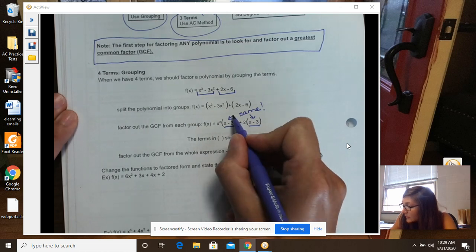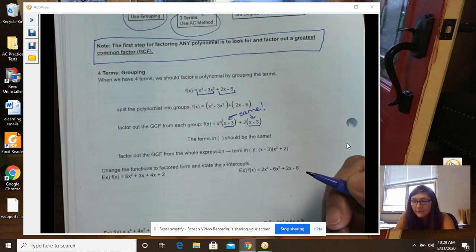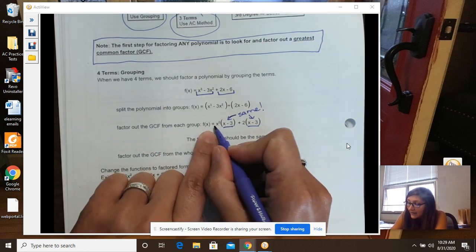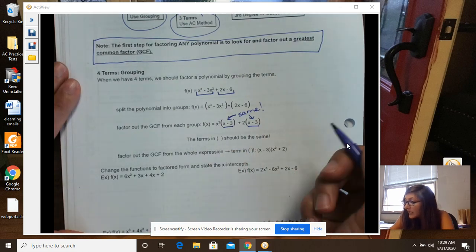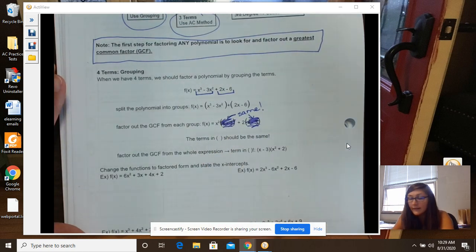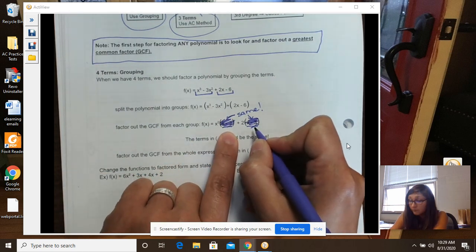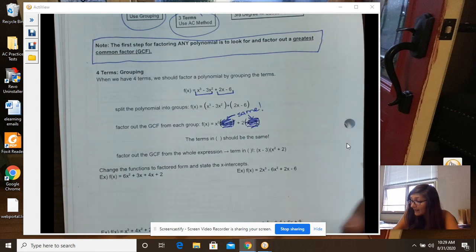Because when these guys are the same, we can now treat this again like a GCF. I have this as a factor of the first term, and I have it again as a factor of the second term. So it doesn't matter what it is. I could actually just call it a big purple blob, right? I have purple blob as part of both of these terms, so I can factor out purple blob like a GCF, right?